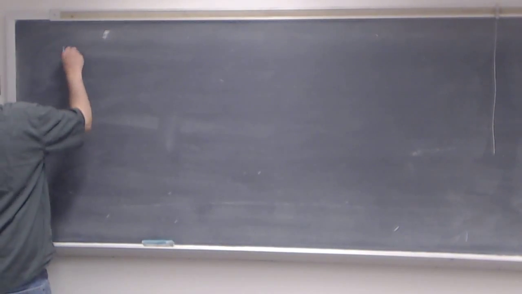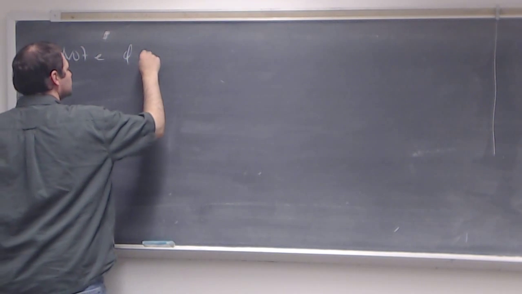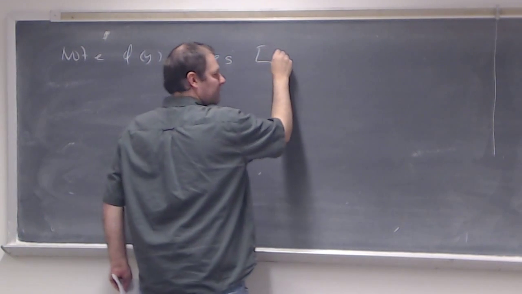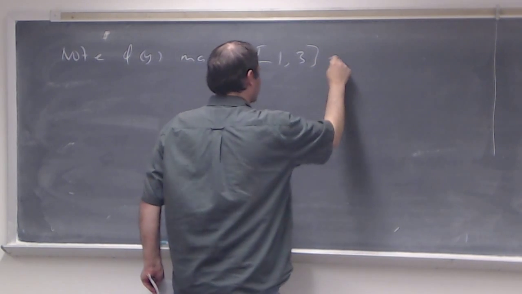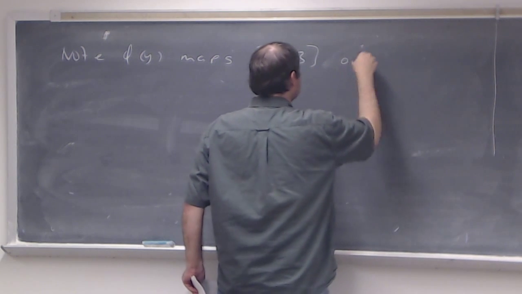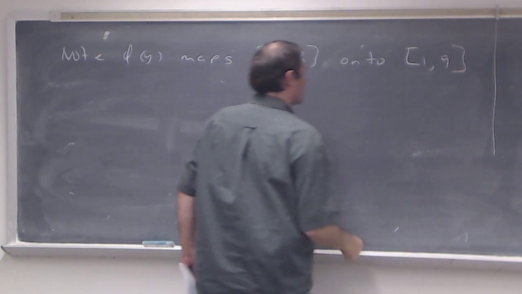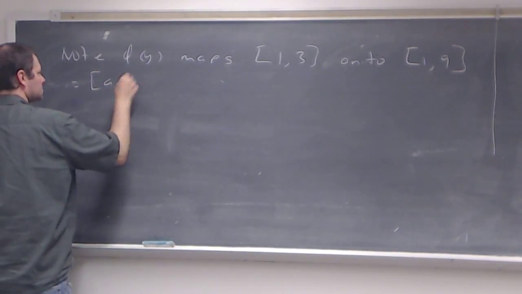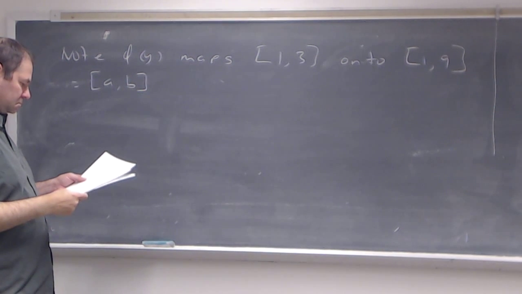So we note that phi of y maps our interval 1 to 3, and phi of y is equal to y squared, onto 1 to 9. And so this is equal to our little a up to little b integral.